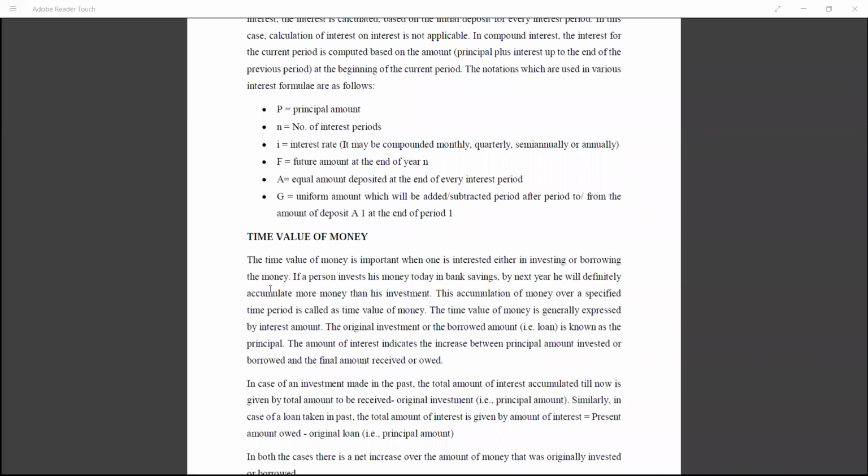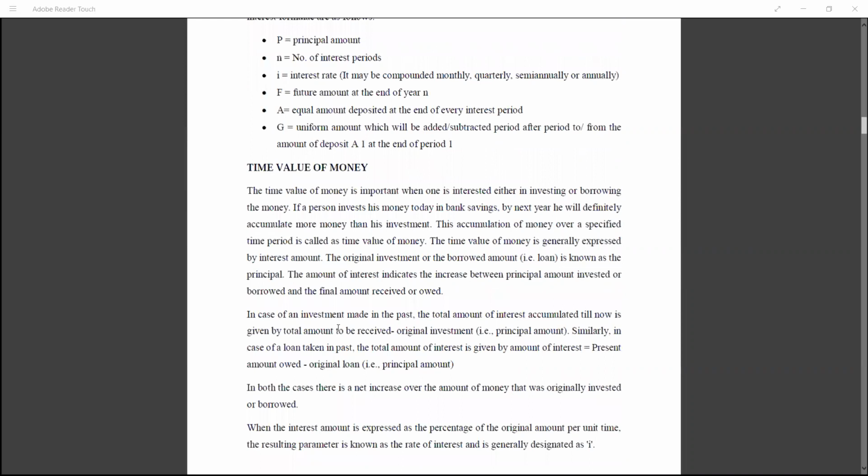That is the time value of money. Next, in case of investment, the interest you get on the principal amount will not be deducted; it will be added cumulatively. If you are investing for 1 year, after 1 year that interest period expires.